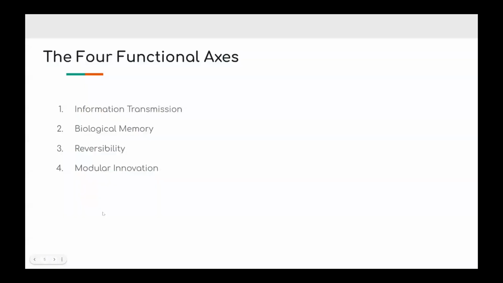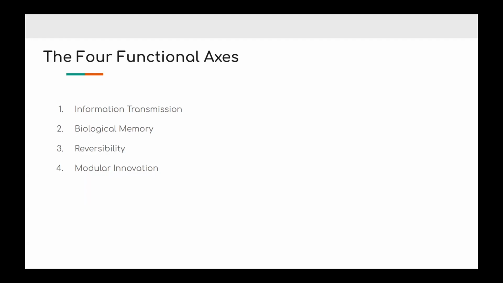I do this by using four functional axes. The first is information transmission, which asks, can the state or element be passed on or reproduced? The second axis is biological memory, which asks, does its effect last after the original trigger is gone? Third is reversibility, which asks, can that state be removed or returned toward baseline?